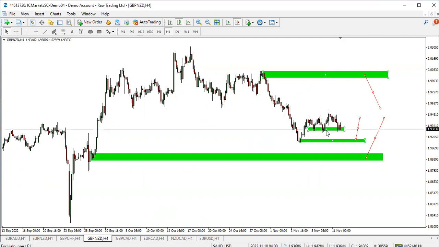For a buy, I'm hoping that it will take out these liquidities, come here or here for this buy to take effect. But in terms of a better buy zone, I prefer the second buy area, this area here. I prefer it for a buy to this one.